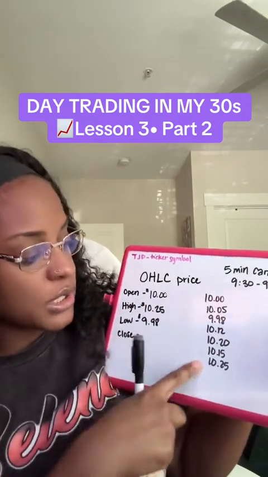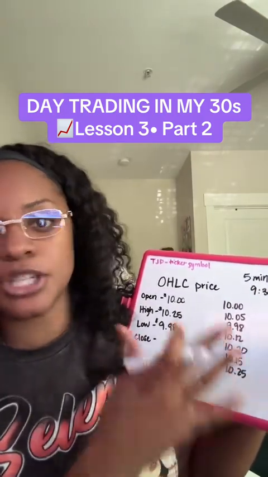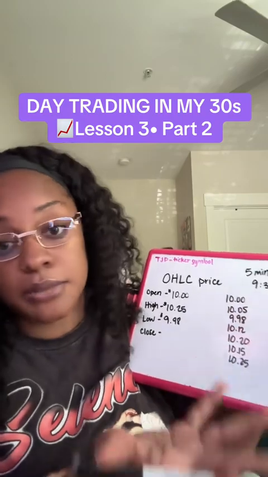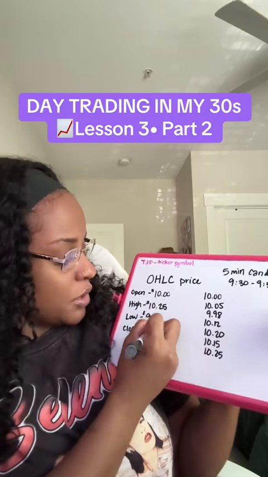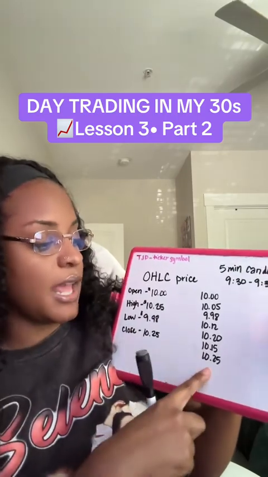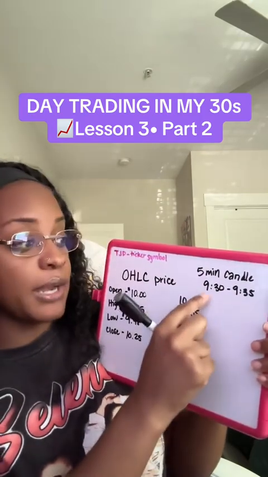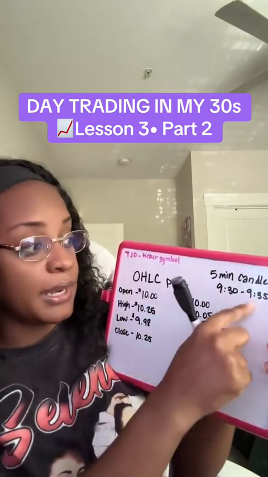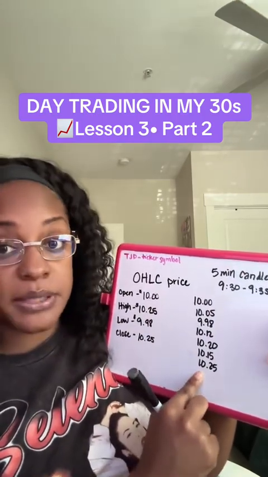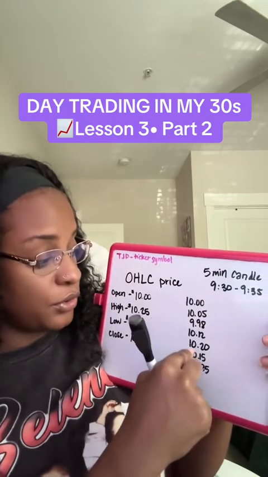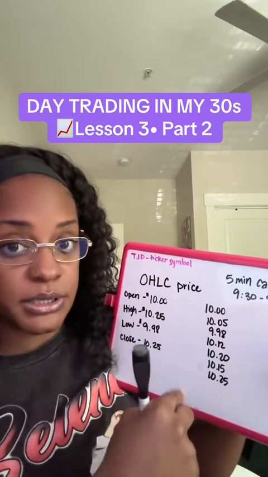And then my close, surprisingly, is the same as the highest, which is not always normally the case, because sometimes it doesn't end high. But in this case, it would also be $10.25, because that's the price it was when 9:35 came. So at 9:30 it was 10. At 9:35 it was $10.25. And $10.25 just so happened to be the highest price within this 5-minute interval. And then $9.98 just happens to be the lowest price in this interval.